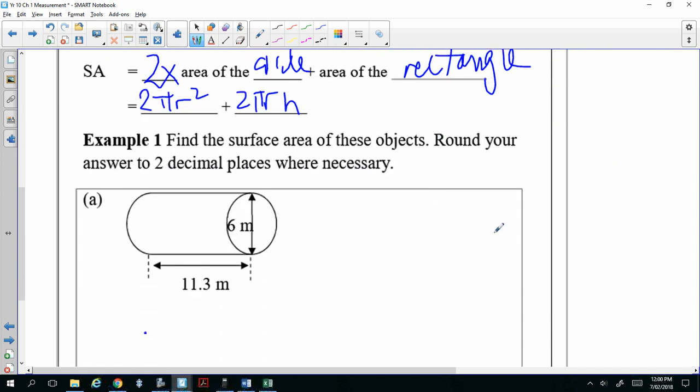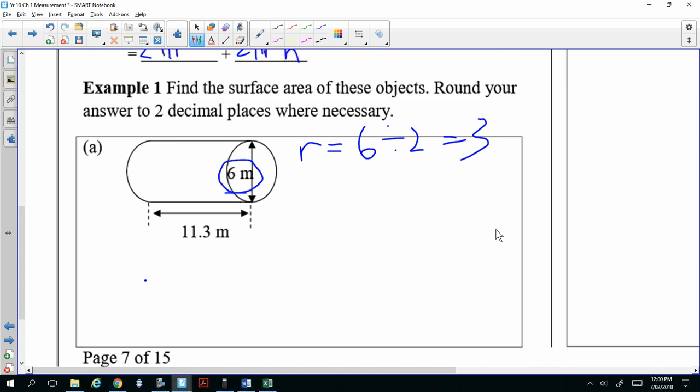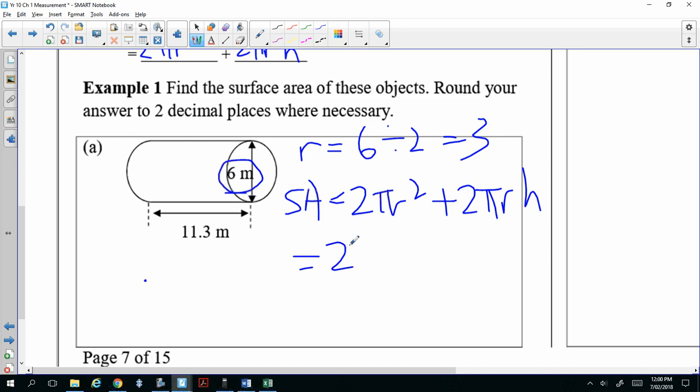This one, a diameter was given, so you need to change that to radius, which is 6 divided by 2, which is 3. Okay, after we got that, then you have to use the surface area formula. Surface area is 2 pi r squared plus 2 pi r h, equals 2 pi times 3 squared plus 2 pi times 3 times the h.